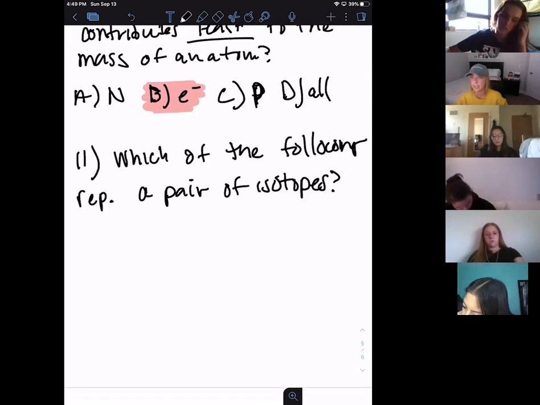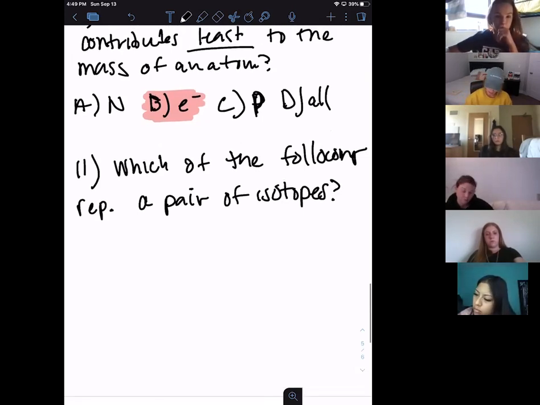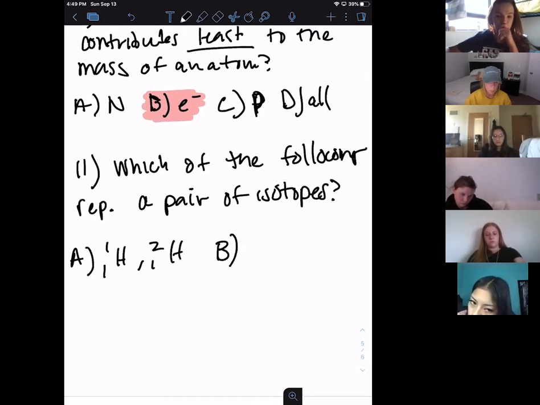You need to know what an isotope is. We kind of touched a little bit of that when we did the cobalt exercise, but you need to know what it is. Here we go. A, you have 1,1H and 2,1H. Are those isotopes? O2 and O3.